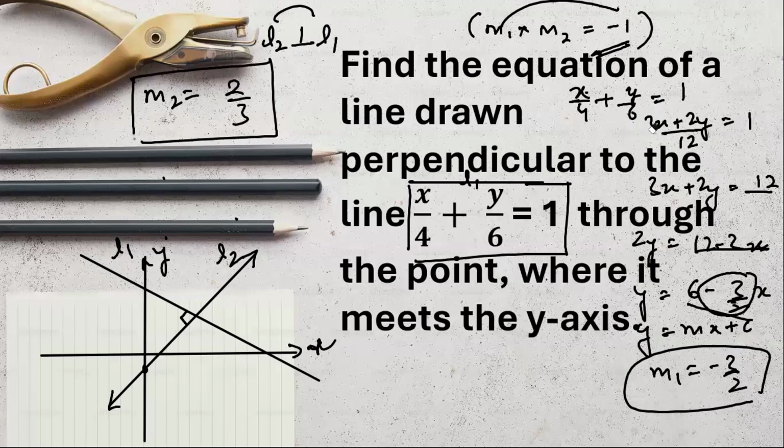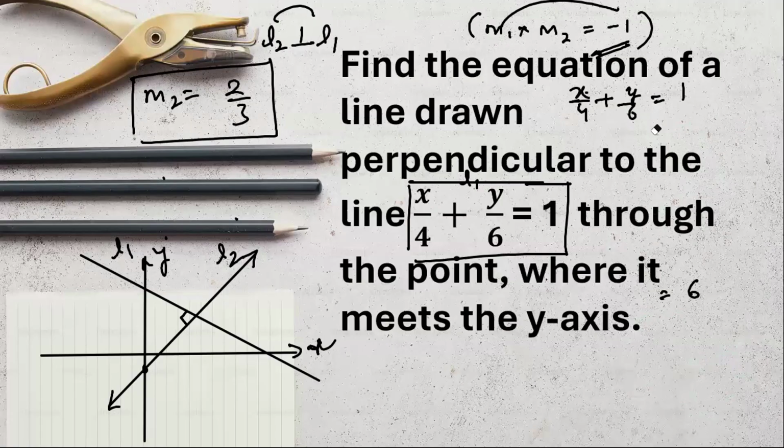Now everyone, a very important thing: the line L2 is passing through the y-axis. So when there is a point on the y-axis, x is 0. So if I use the equation for line L1 and put x as 0, because the point is on the y-axis, what is the value of y?